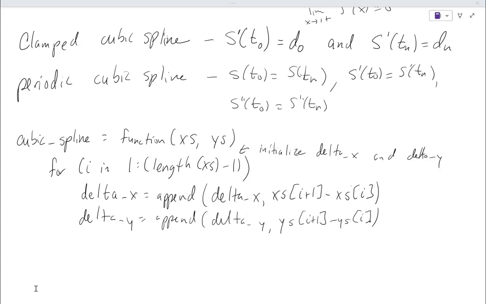So last time we started off by saying, if we're going to make a cubic spline that interpolates a set of points, then we probably should pass in some x's and some y's that we want to be able to do that, right? And after we pass in those points, we probably want to figure out what our deltas are, because our entire system of equations is built on the deltas.